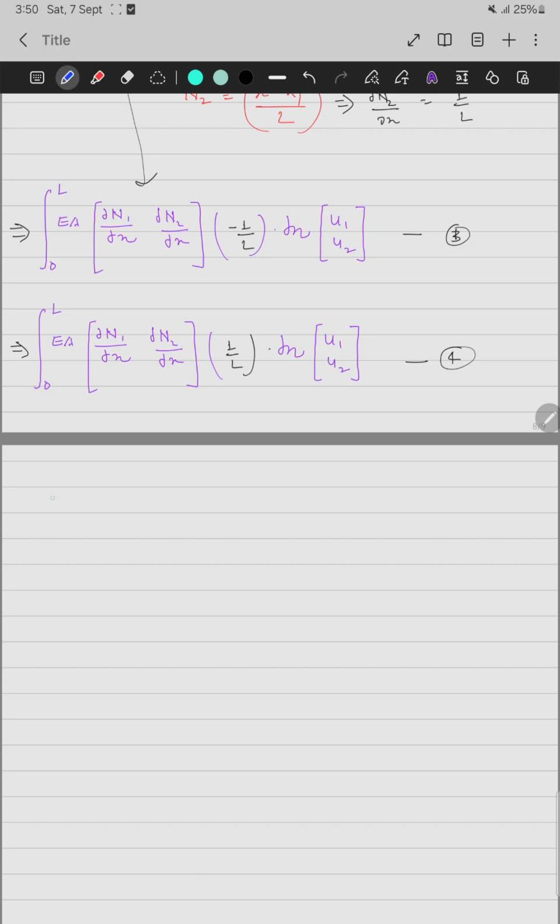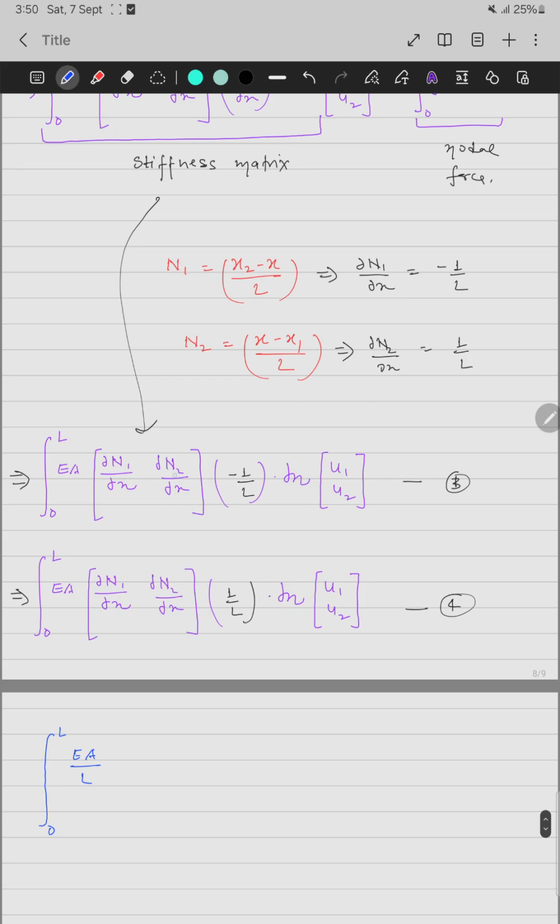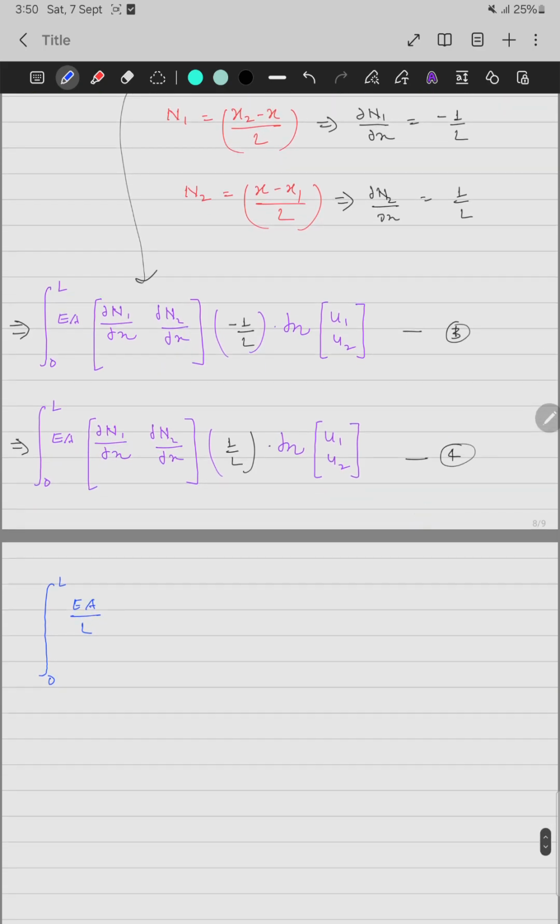We can make our integration like this only, and we have EA common here. If you see here, L is constant, right? So we can take common, like we can put that L here, and what we can do is we can put these del n1 by del x values here, value here also we can put L. Okay, here also we can put L.